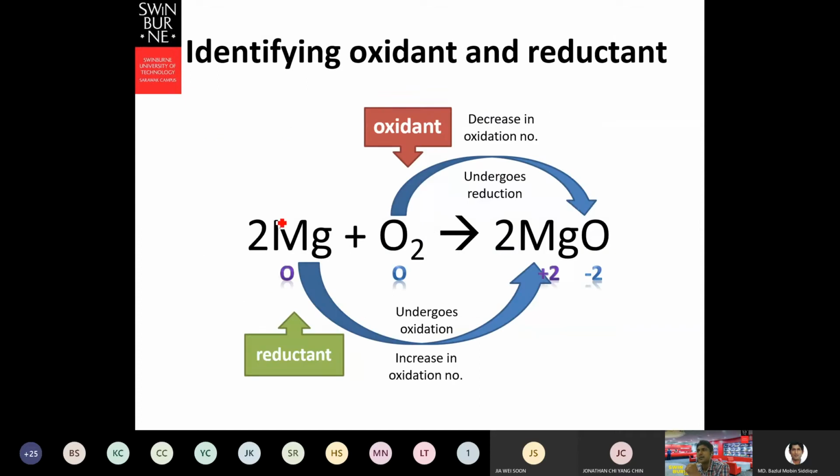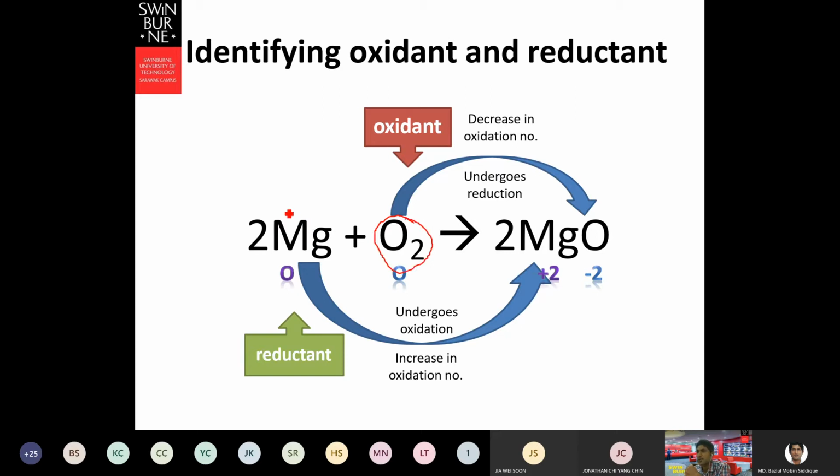So, identifying oxidant and reductant. Here we see magnesium and oxygen. Magnesium is becoming positively two charged, and oxygen is forming two negative charge. Oxidation is happening to the magnesium, but it is actually a reductant, meaning it is reducing others.